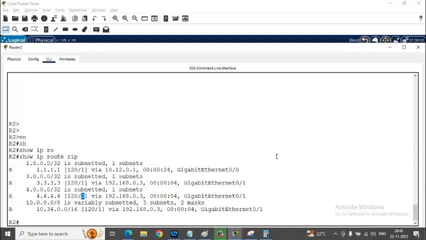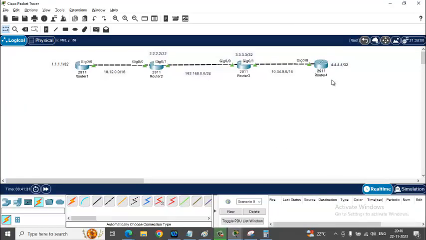So router 3 will say, hey, I already waited, you don't wait. So 4.4.4.4 is 16 hop. What is 16? Bad metric. So immediately it is going to poison these valid metrics as a bad metric.